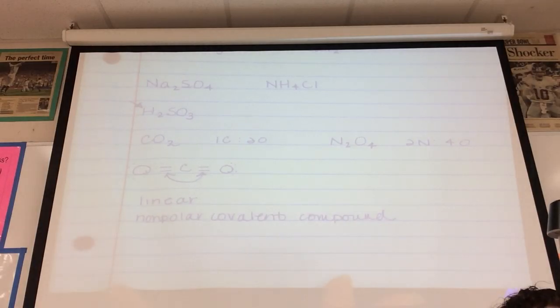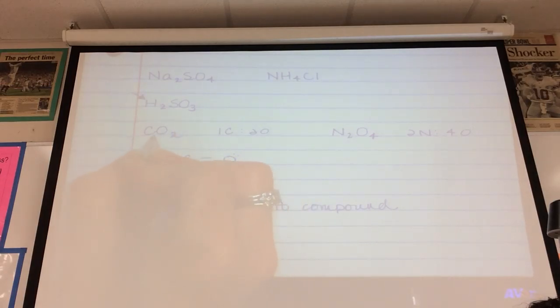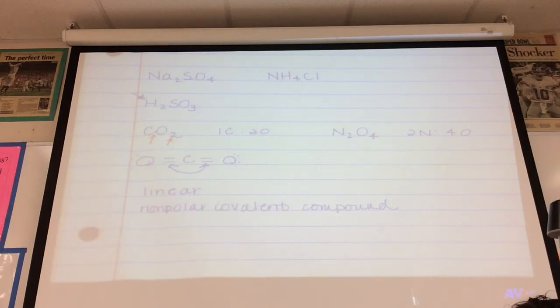In the next chapter. For right now, what I want you to recognize, covalent compounds are formed through the sharing of electrons. The subscripts indicate the true number of atoms that you have in that compound.